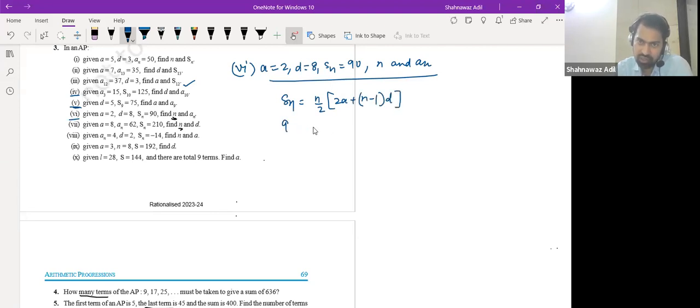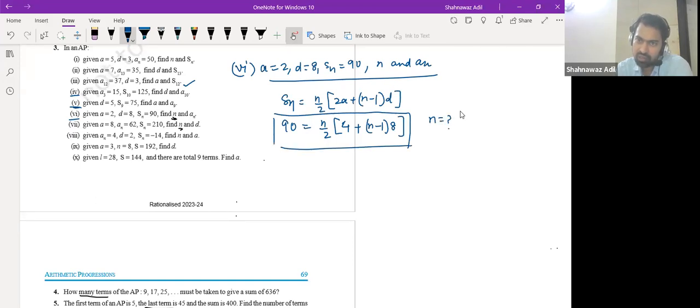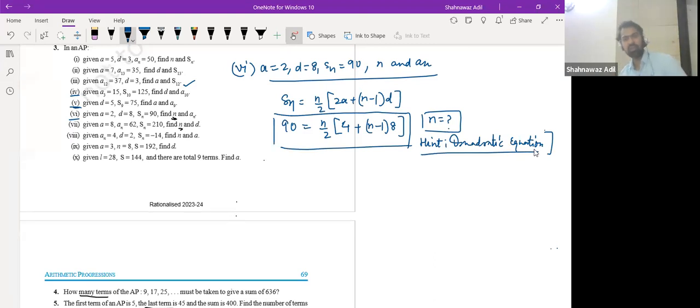Sn is 90, n by 2, and 2a is 4, plus n minus 1 into d, which is 8. So please solve this one and find out what is n. And the hint is that you have to solve a quadratic equation. Or let's see if you get a quadratic equation. Okay, please solve this question.